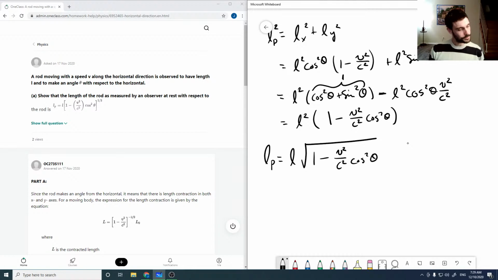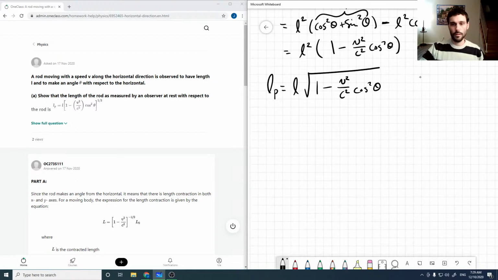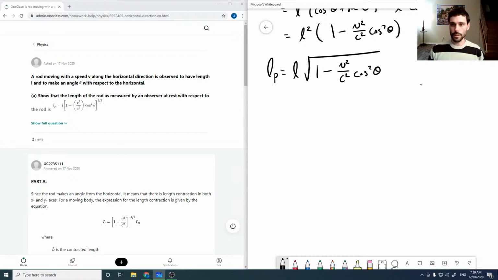So that looks good. And then it also wants us to find the new angle and show that the angle is also being altered by the motion. And so if we look, right, our angle is Lx, Ly, and we've got a new theta p, right? And we've got an Lx and an Ly.